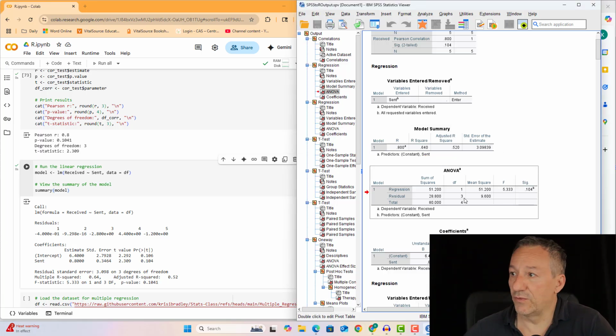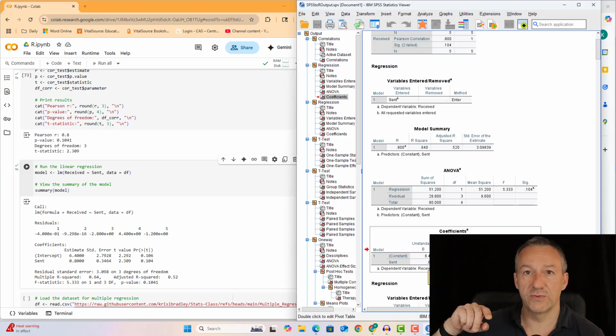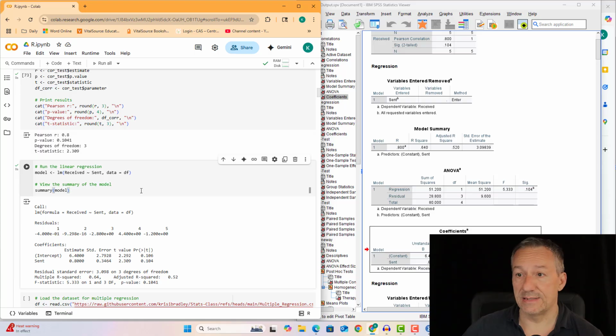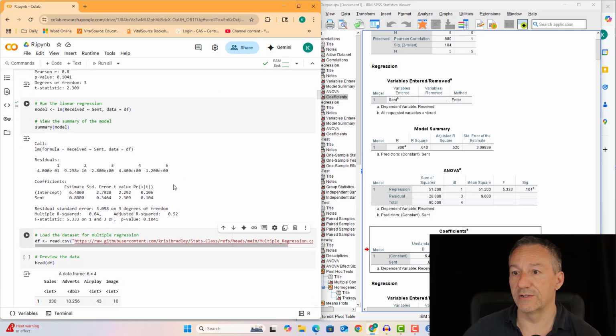Our ANOVA degrees of freedom are that 1 and the 3. Our F statistic and our p-value, still not significant. And then our coefficients, it's going to be the same as the correlation when you just have one variable that you're looking at. So for each increase in cards sent, cards received goes up by 0.80. That's what it looks like in SPSS. In R, do that Shift Enter.